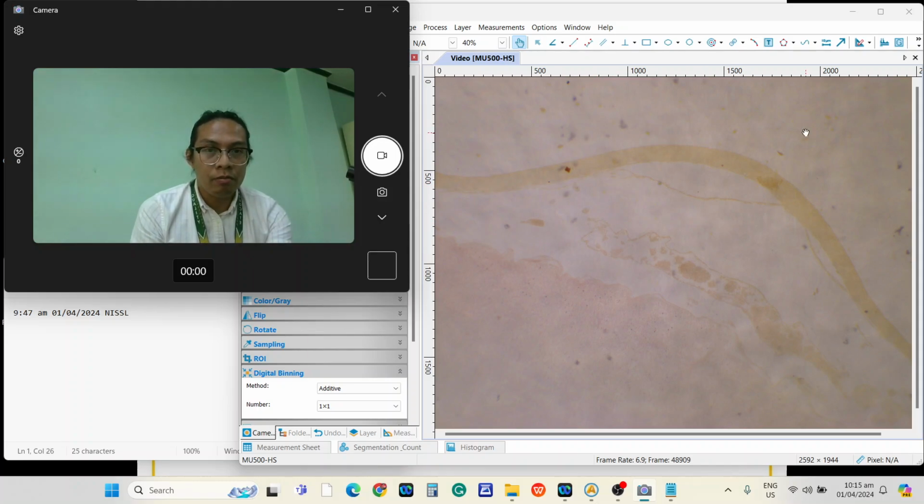Now, in between the arachnoid and the dura, may potential space dyan. Minsan kasi hindi natatanggal. Pero here, kitang-kita natin na nakaseparate ang dura sa arachnoid. So there is a space in between it. So this is the subdural space.